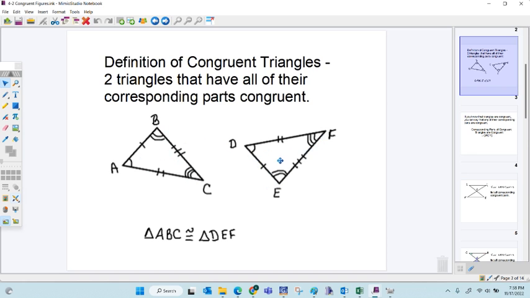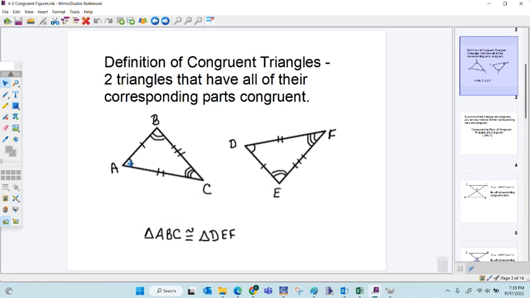Notice that these triangles, this one's one way, this one seems to be kind of upside down and turned a little bit. When we list congruent triangles, we list all of the vertices of one of the triangles in whatever order we want. And then for the other triangle, we make sure that the corresponding parts line up.